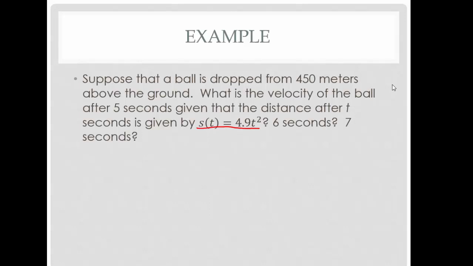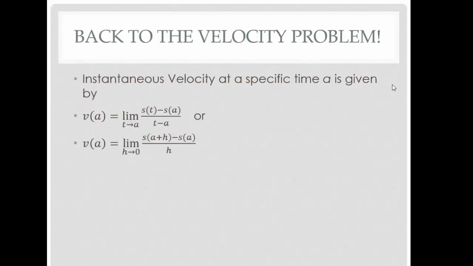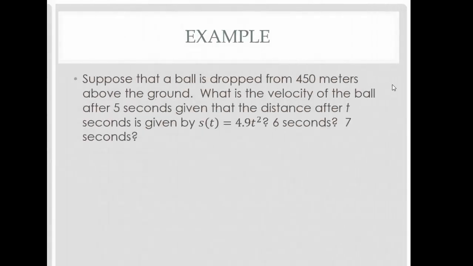The second thing I want to point out is that we are asking for the instantaneous velocity at 3 different times. Well, if you want to use this formula that we just took a look at, if you want to avoid having to do this calculation 3 different times, we're going to want to leave the time general.